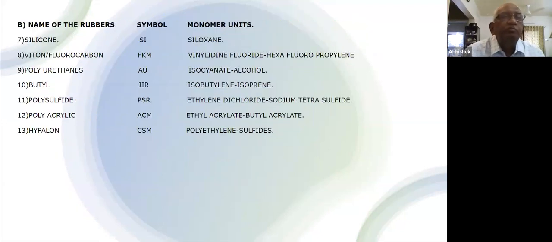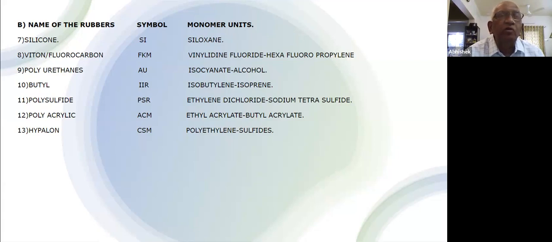Now the next slide will also give you more. Seventh is silicone rubber, whose symbol is Si, and the monomer unit is siloxane. Then comes Viton. Viton is nothing but fluorocarbon rubber. That means fluorine and carbon, whereas the other rubbers you have seen are carbon and hydrogen. Here the hydrogen is replaced by fluorine.